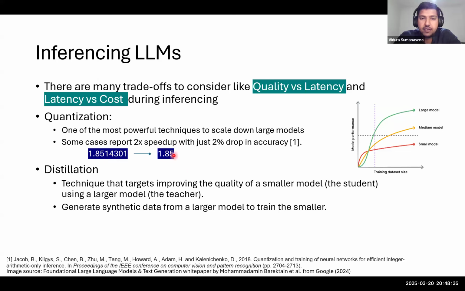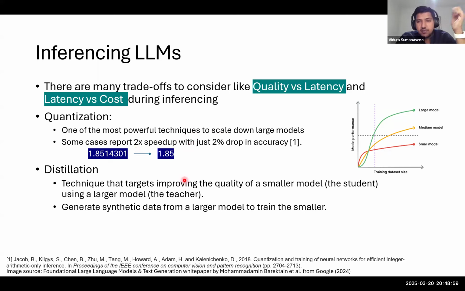This will affect the capacity of the model. You might have seen large language models that are 70 billion, and you will also see 7 billion parameter models. That is how these are generated. Quantization is one method.